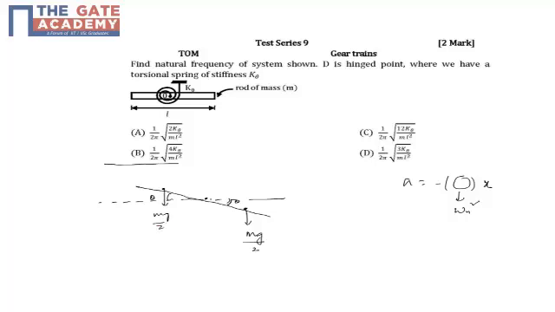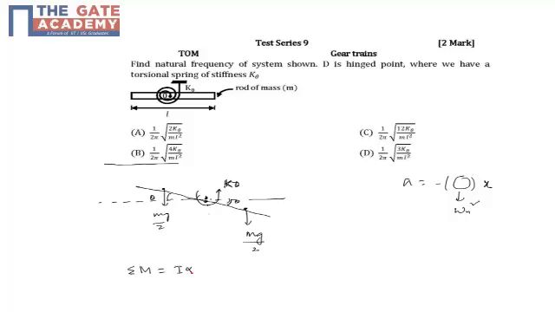Here you have a torsional spring. When I deflect by theta, the torsional resisting moment will be k times theta. That I also need to apply. So this is my force diagram, and I'm applying everything in the angular sense.